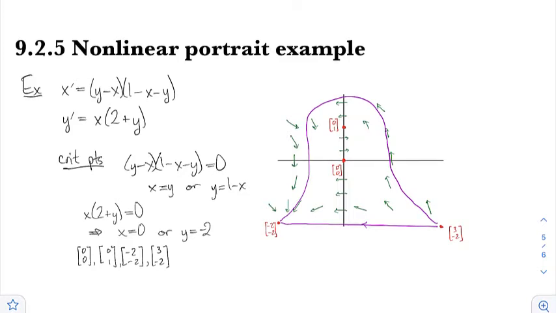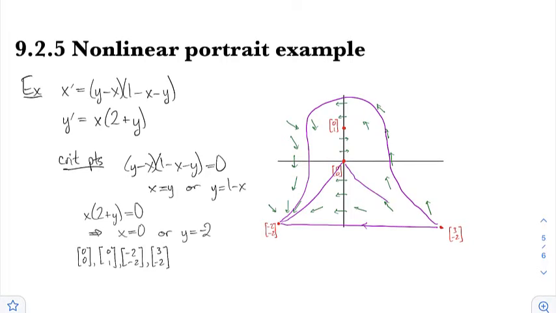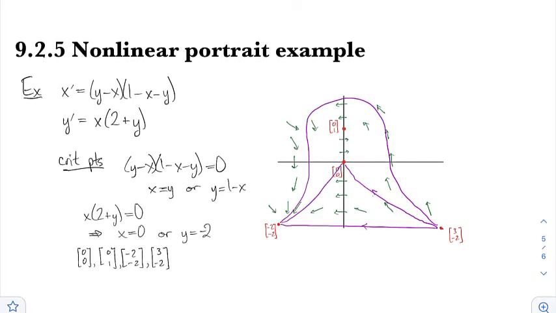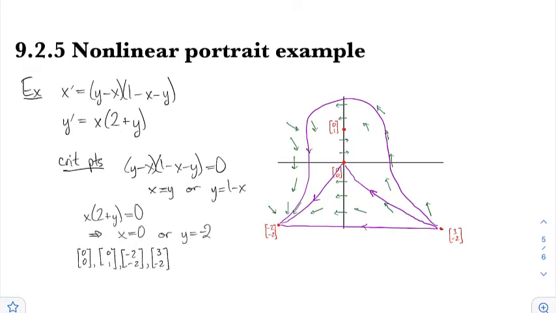And we have something going down this way and something going down this way. And so these guys are going up and these guys are going down. This is going all the way around.